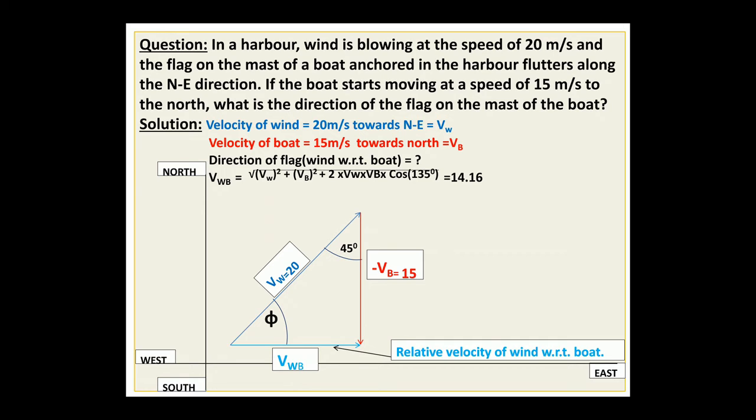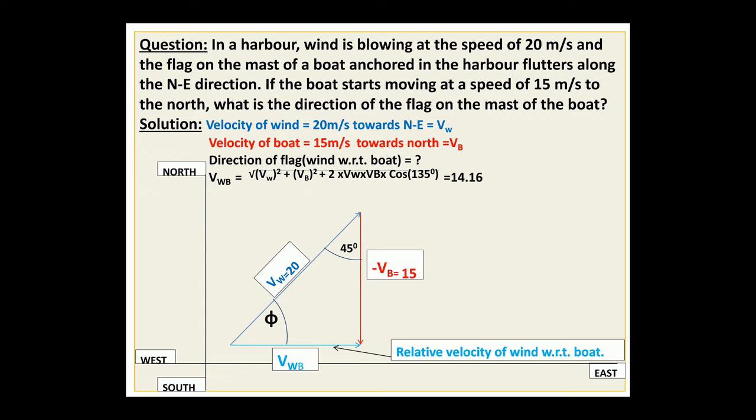As you can see in the above equation, since VWB is the resultant vector of two velocities, VW and minus VB, and the resultant vector is given by root over A square plus B square plus 2AB cos theta. So here we have used VWB is equal to root over VW square plus VB square plus 2 into VW into VB into cos 135.